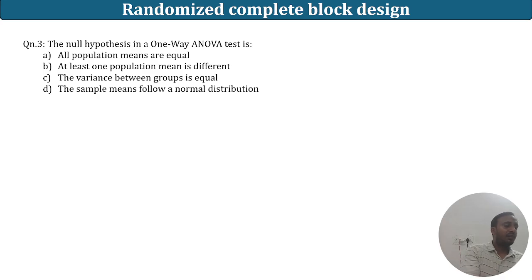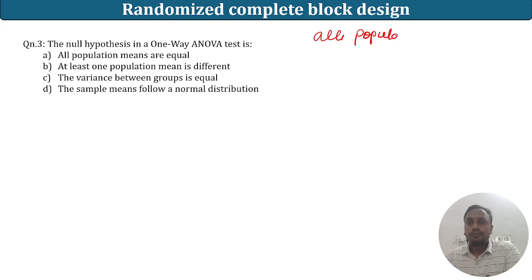Can you please tell what will be the answer for this? So the null hypothesis for the one way ANOVA test is actually all population means are equal.